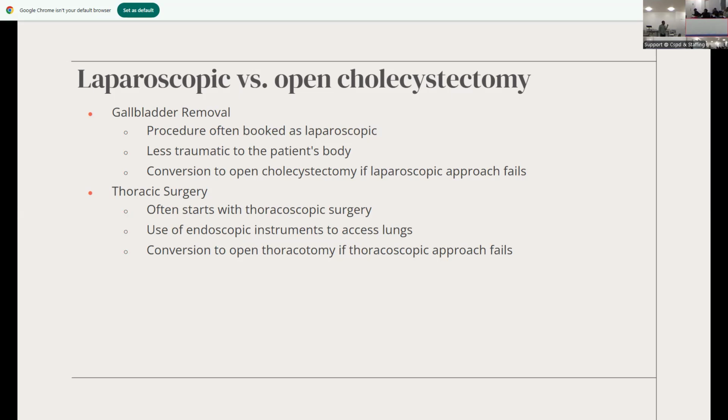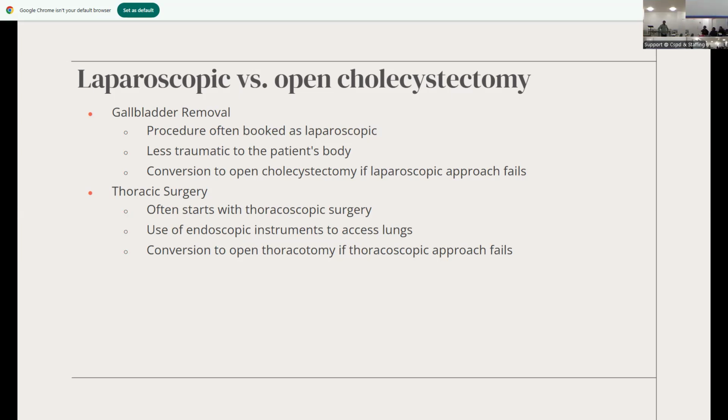They make some openings, then go in and do the surgery laparoscopically. You remove the gallbladder, or they go in and check your gallbladder and whatever. All right. So that goes into your system.